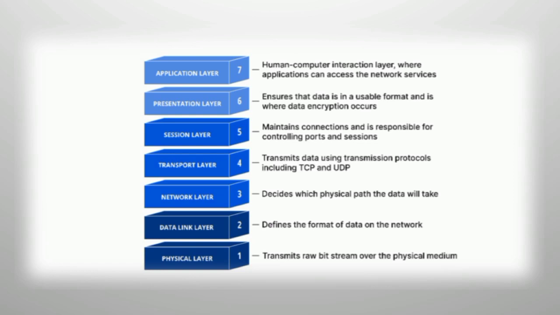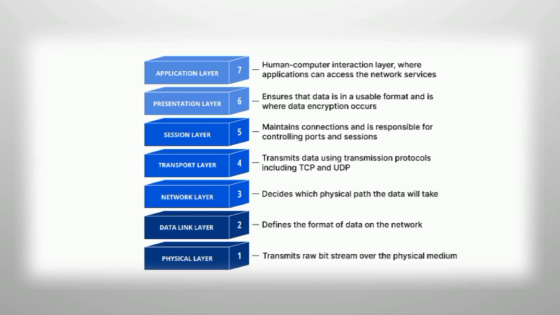Fourth, the transport layer transmits data using transmission protocols including TCP and UDP. Third, the network layer decides which physical path the data will take.